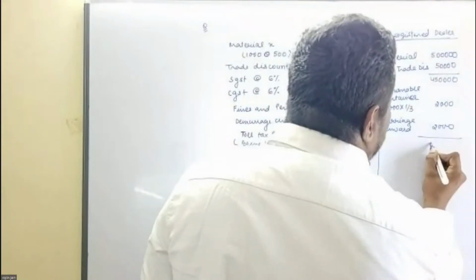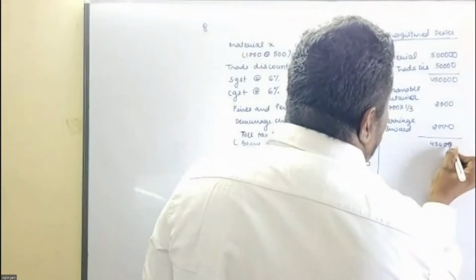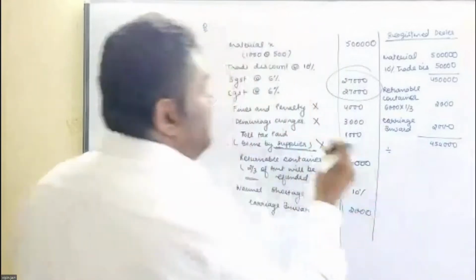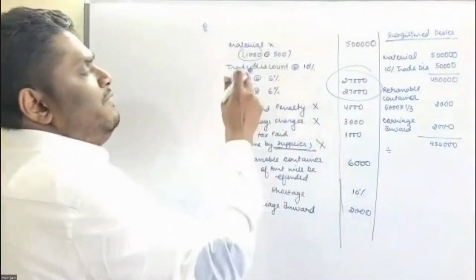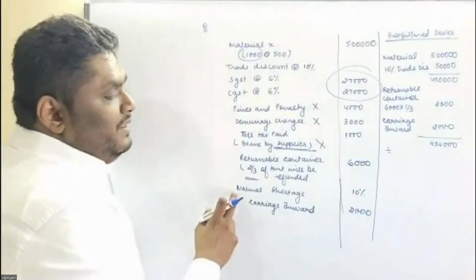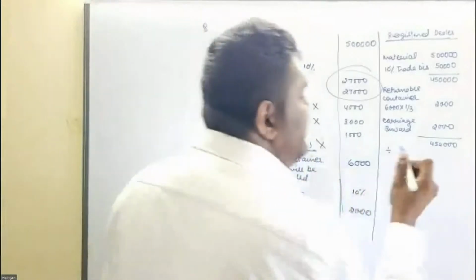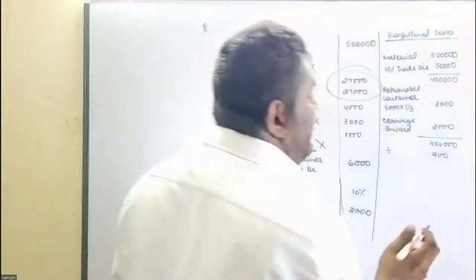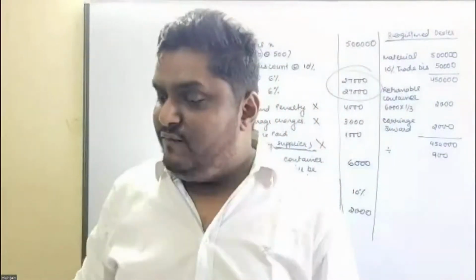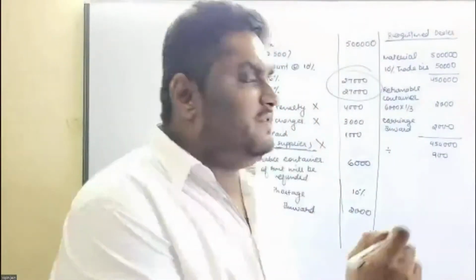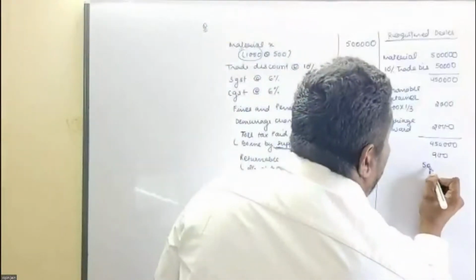So the total cost will be 4,54,000 divided by... See the input, the material we have purchased is 1,000. There is a normal shortage of 10%. It means we have 900 units in hand. So 4,54,000 divided by 900 is 504.44.